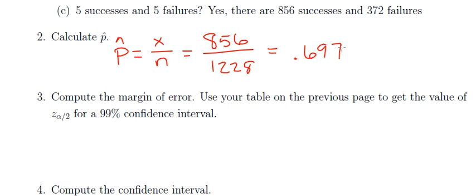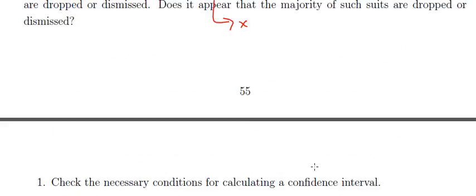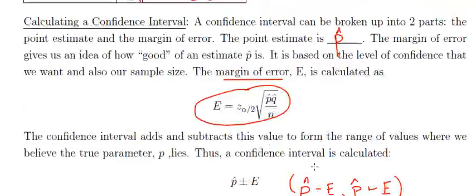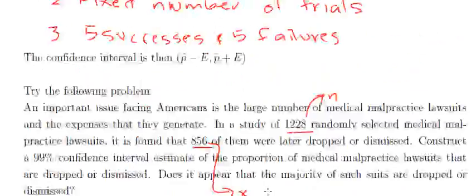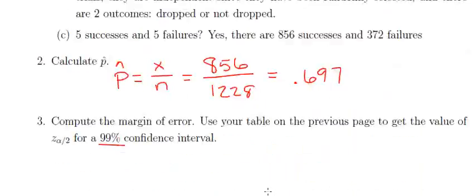All right, and now we want to compute the margin of error for a 99% confidence interval. Okay, so 99%, and we're going to use this formula up here that I circled. So 99% means our z-value is 2.58. That's the value that goes in here. The notation's a little bit confusing, but we just put that value in there.